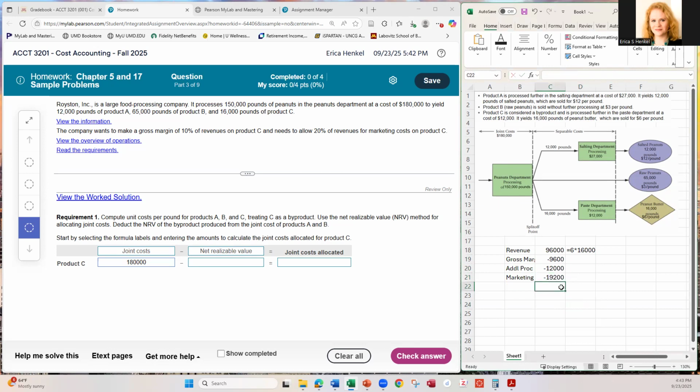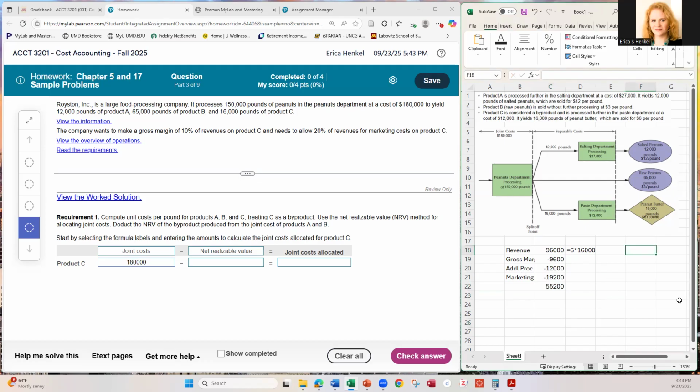All right, so the reason I'm adding in that gross margin, by the way, is that if we want to make that much money, if we're going to allocate joint costs equal to this, there's a couple of ways you could do this.